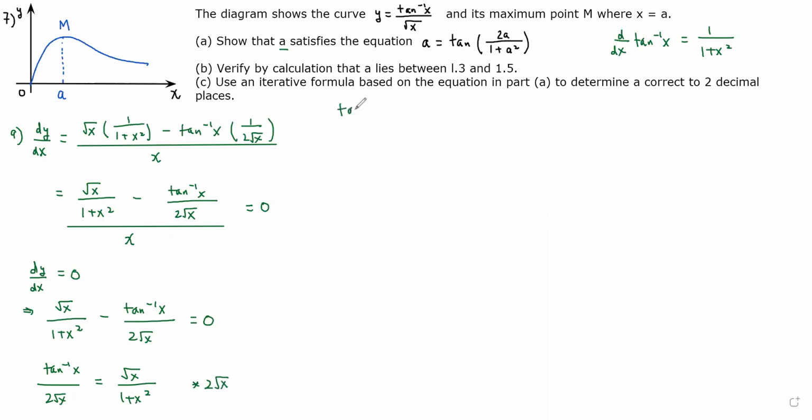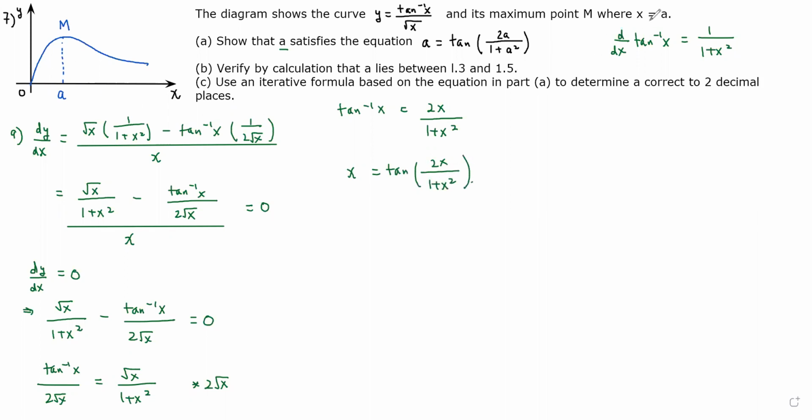That will give us arctangent x equals 2x, root x times root x will give us x, over 1 plus x squared. So from here, we have x equals tangent of 2x over 1 plus x squared.